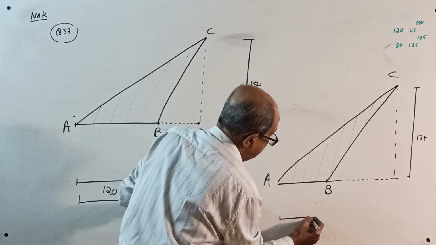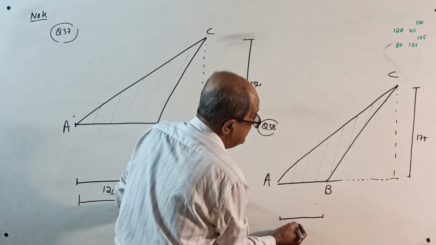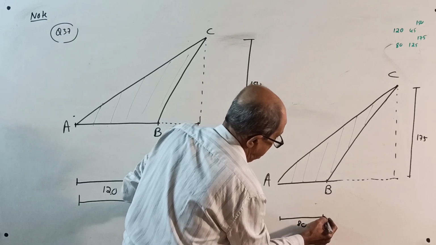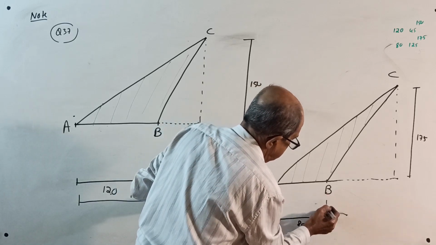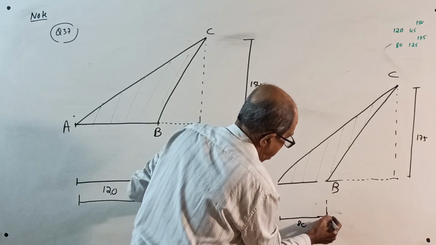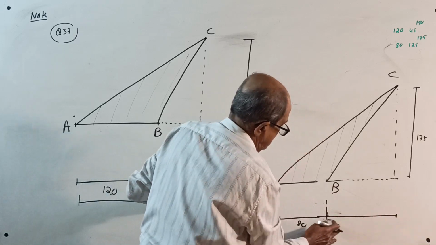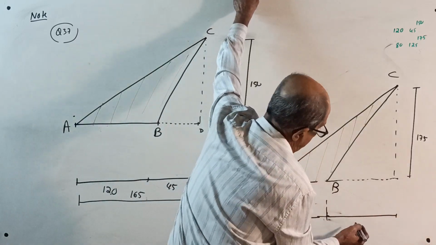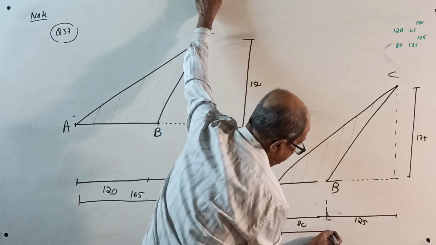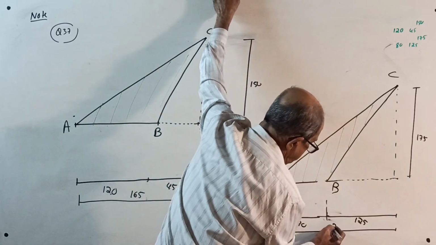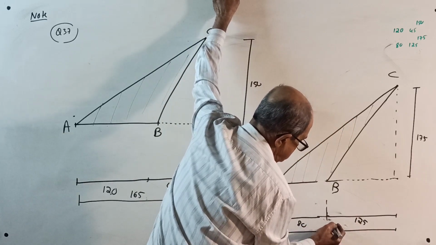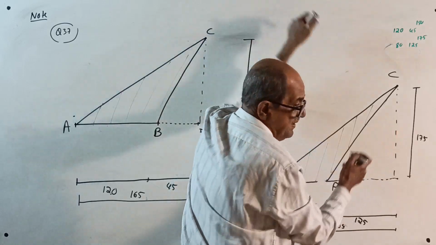This is how much? 80 up to here. B, AB, go that side. This is 125. If you want a full base, it is 205. That is not the base actually. Full length 205. Height is 175.